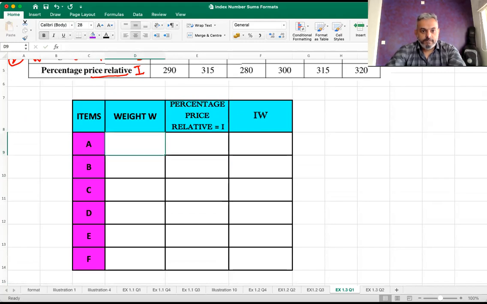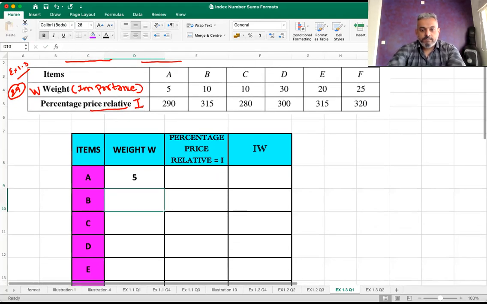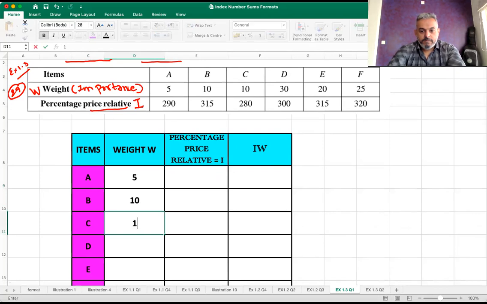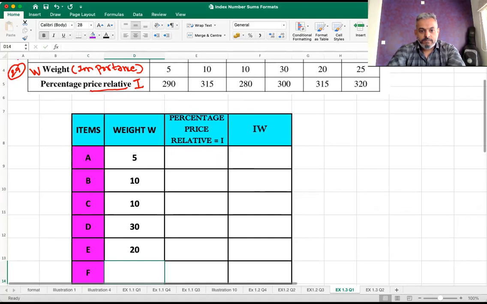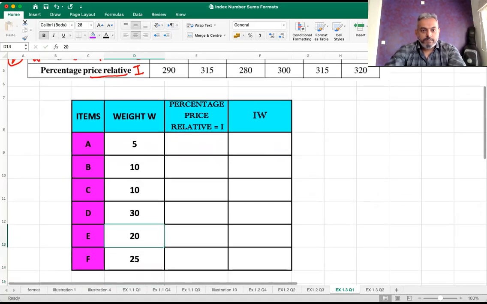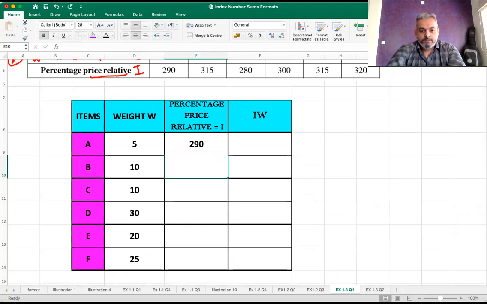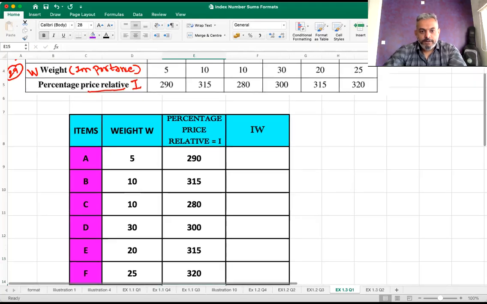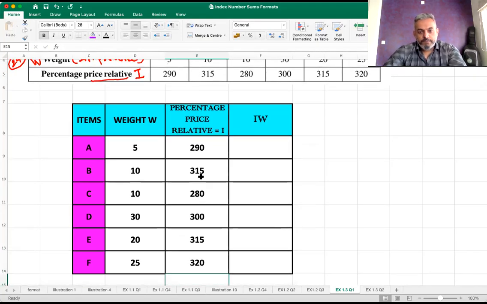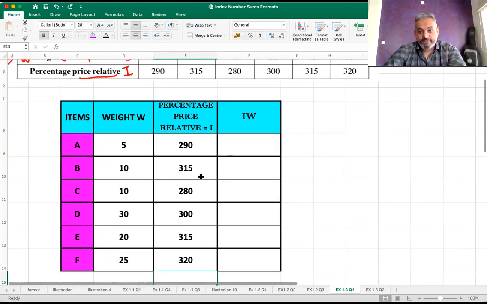Weight. $300, $315, $320. Now, what we need, let's first write the formula.